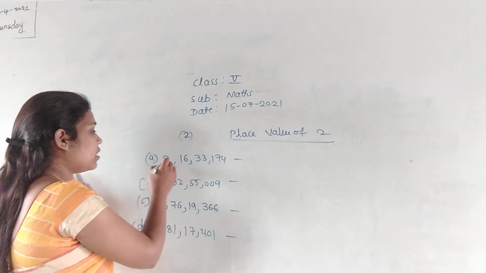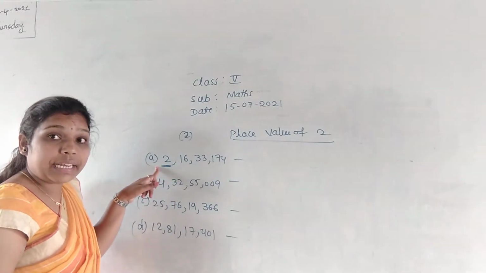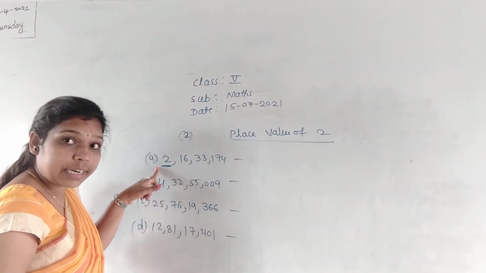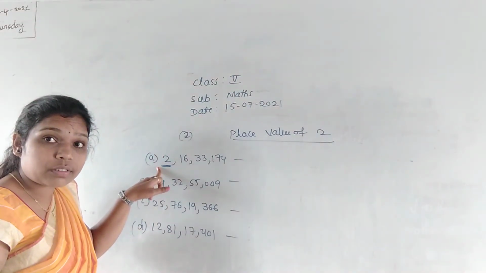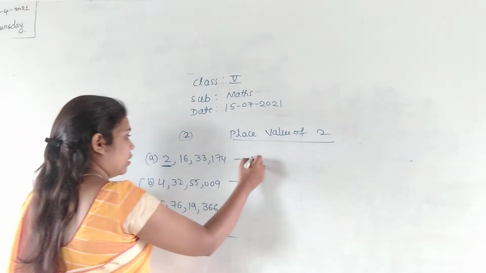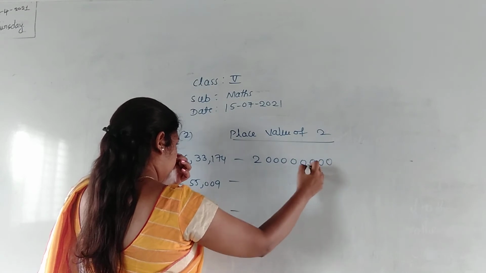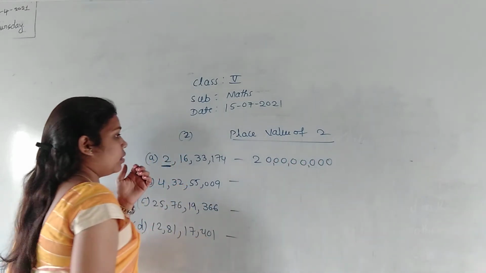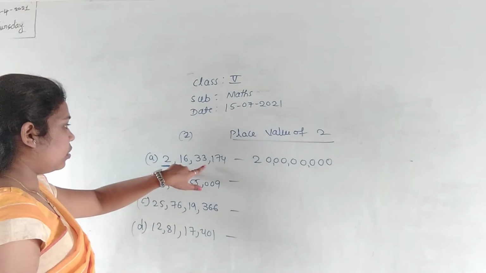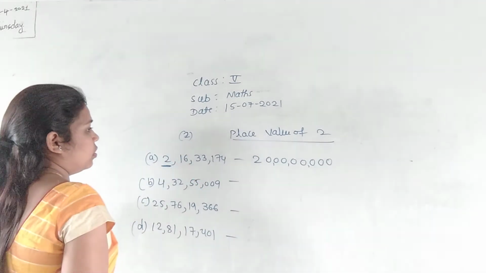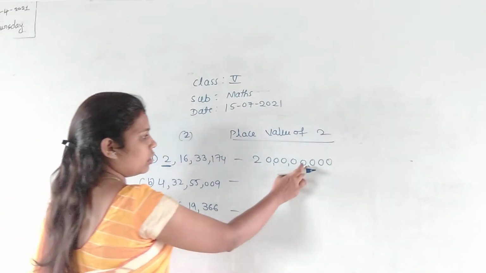Okay. So in this number, here will be the 2 is there. So what is the place value of 2 here? Place value of 2 is a crore, right? So for crore, how many zeros? 7 zeros. So right here, 7 zeros. How many digits? 3, 2, 6.